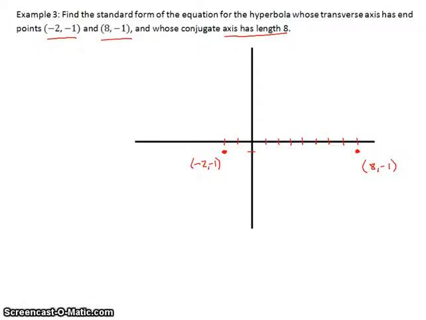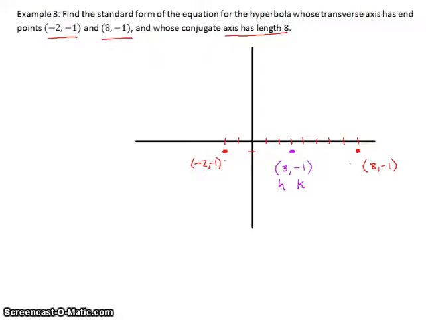That means that I'm going to be dealing with x squared over a squared. Let's figure out what the center of this hyperbola is. We know that the distance from -2 to 8 is 10, so that means I need to go a distance of 5 to find my very center. This means that my (h, k) value is (3, -1), and if I want to find the endpoints of my conjugate axis, because it has a length of 8, I simply need to go up 4 from the center and then down 4 from the center.